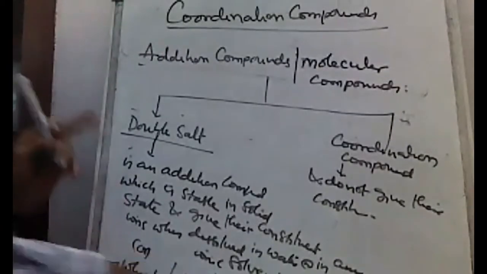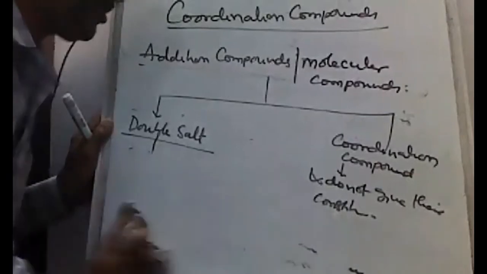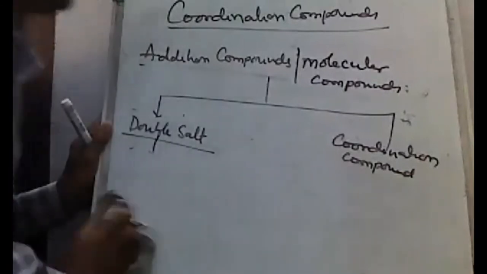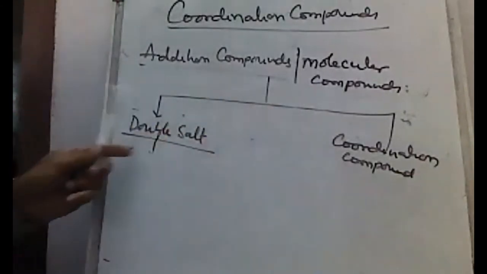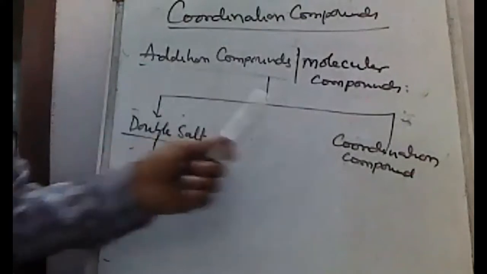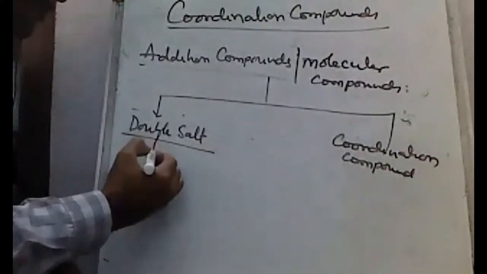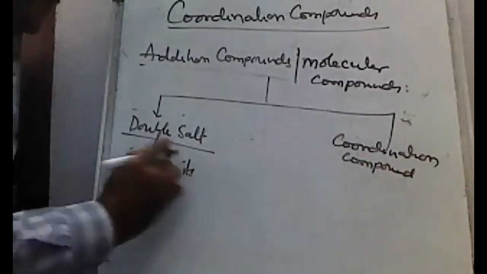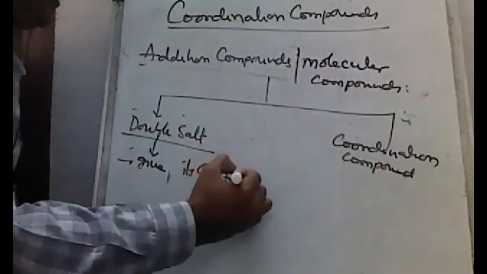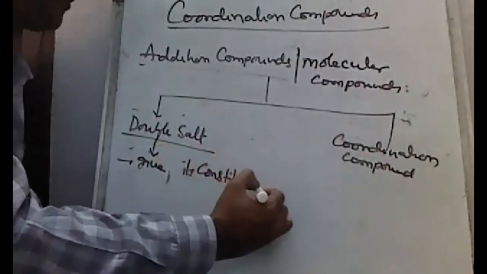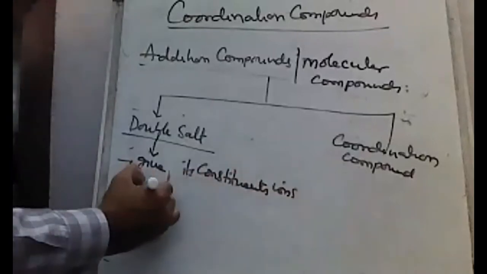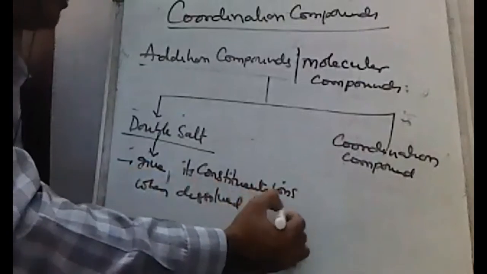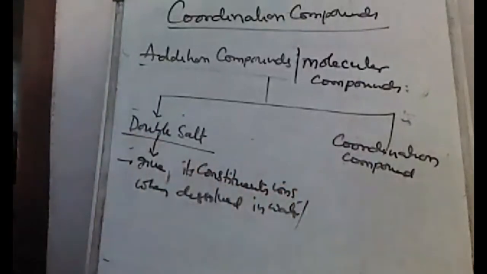See the basic difference between double salt and coordination compound: both are addition compounds, and both are stable in solid state. But double salts give their constituent ions when dissolved in water or in any ionic solvent.